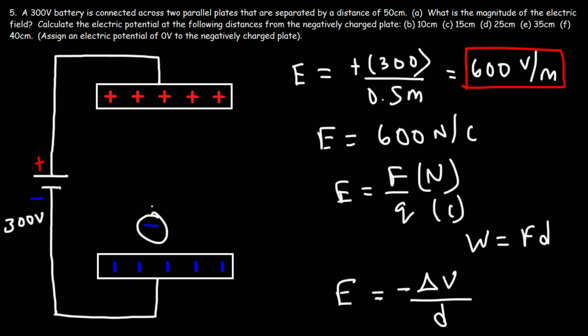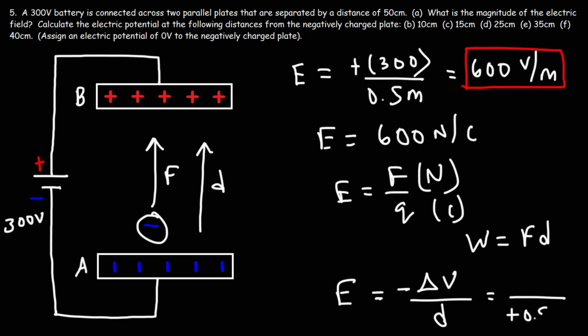This charged particle will feel a force that will accelerate it towards the positively charged plate. So therefore, if it's moving in the upward direction, we could say that the displacement is positive. So as it moves from, let's say, point A to point B, it has a displacement of positive 0.5 meters.